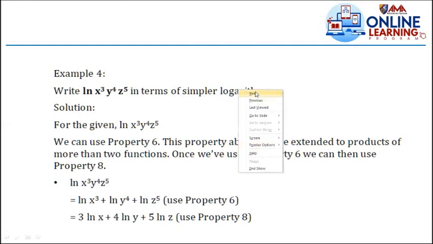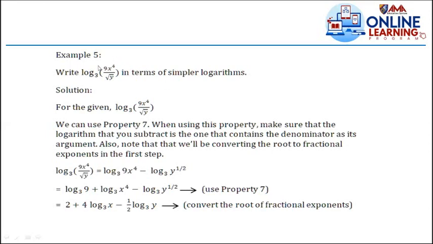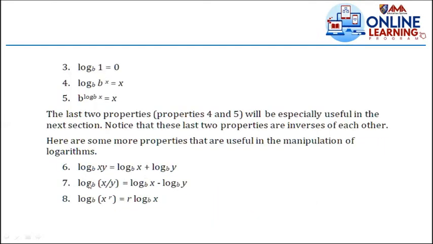Okay? Example number 5. Write the logarithm of 9x to the fourth divided by the square root of y to the base 3 in terms of simpler logarithms. Solution: for the given, we can use property number 7, that is subtraction.